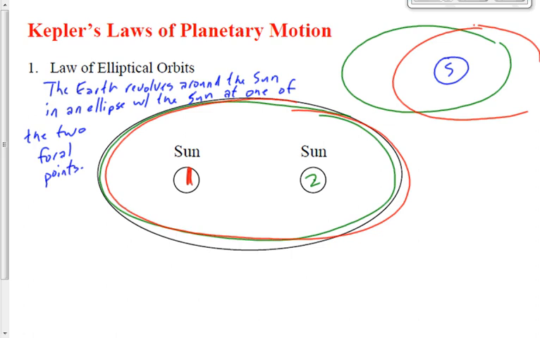Now, this doesn't even really look anywhere close to a circle, right? It's an ellipse. It's a pretty elongated ellipse. It's exaggerated. The real path of the Earth around the sun is much, much closer to a circle than what you see here. In fact, it's closer to a circle than it is to this ellipse. So why do I have it drawn like this? So that you can see that it is an ellipse.